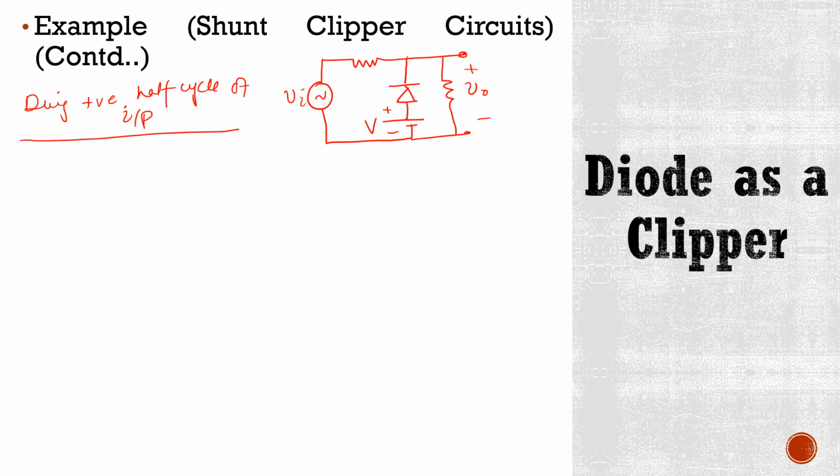As you can see, this diode is connected in this direction. It means this diode will be off or reverse biased by this input supply voltage Vi, but this diode will be on or forward biased by this DC battery.